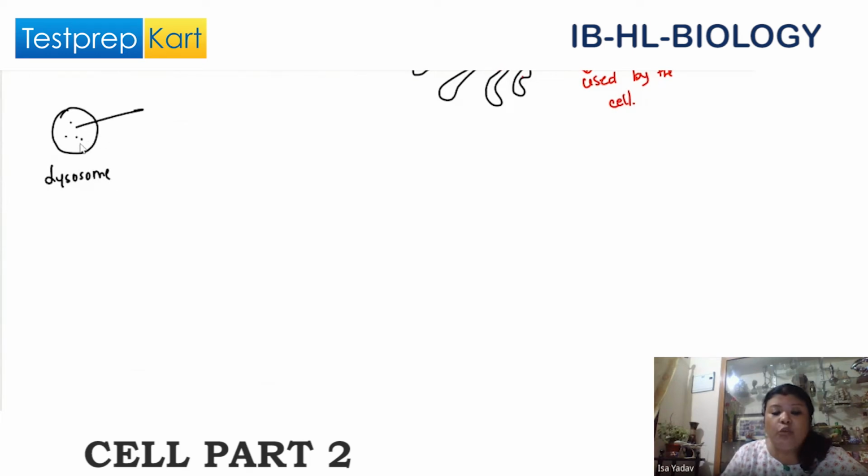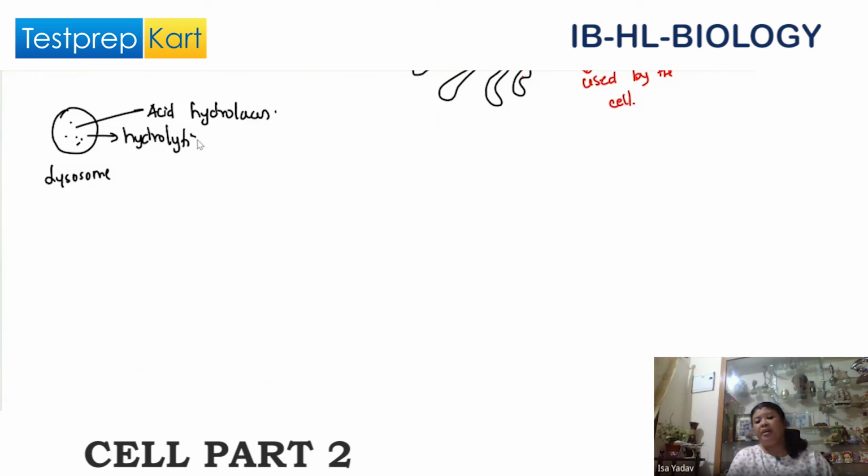Inside it contains a fluid, and that is nothing but acid hydrolases, or I can say hydrolytic enzymes. Lysosomes, in general terms, we sometimes call them the suicide bags of the cell as well.